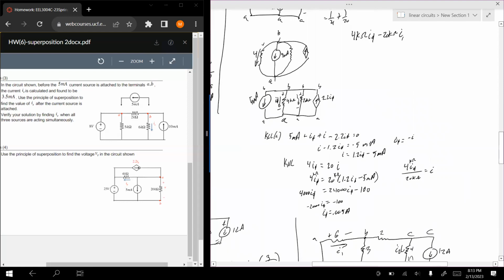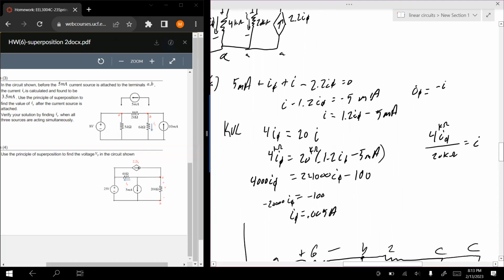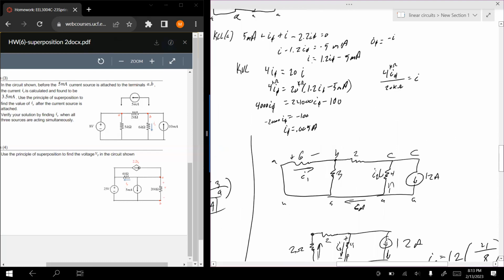Interesting. So the way I had done it earlier today was I did a KCL at A without simplifying the circuit. We're in the same spot here with the equation right here.